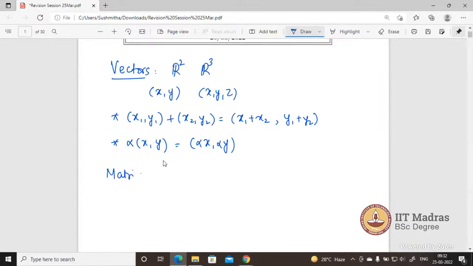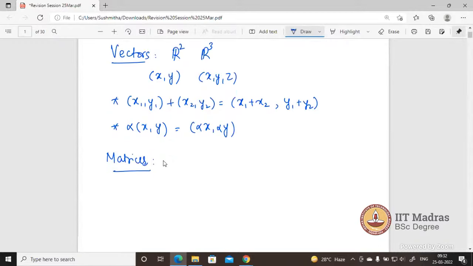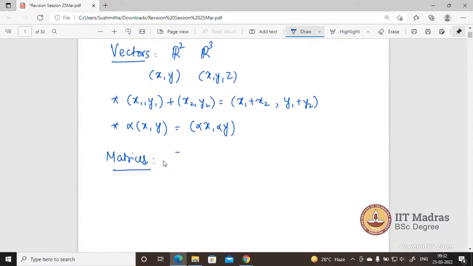What is a matrix? It's an array of numbers arranged in rows. Yes, it's an array of numbers arranged as rows and columns. Suppose the matrix has m rows and n columns, so it will look like this.